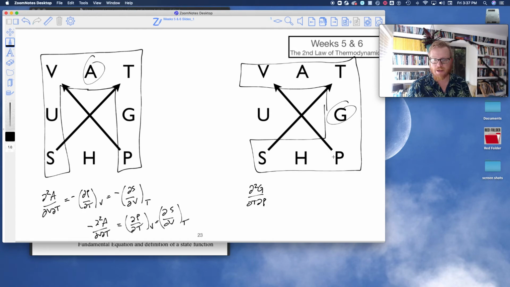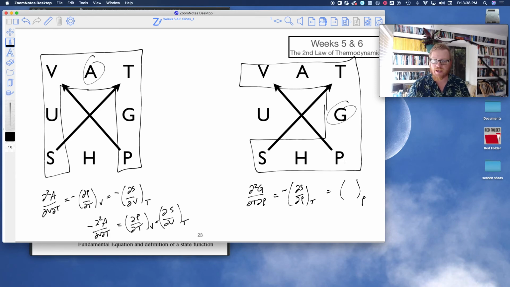Partial of T, partial of P, P and T. So now I know I'm going to have derivatives at constant T and derivatives at constant P. And let's go to our T. Okay, so look, T, I'm going against the arrow. So it's a negative sign. I end up at S, partial of S by partial of P, constant T, equals.